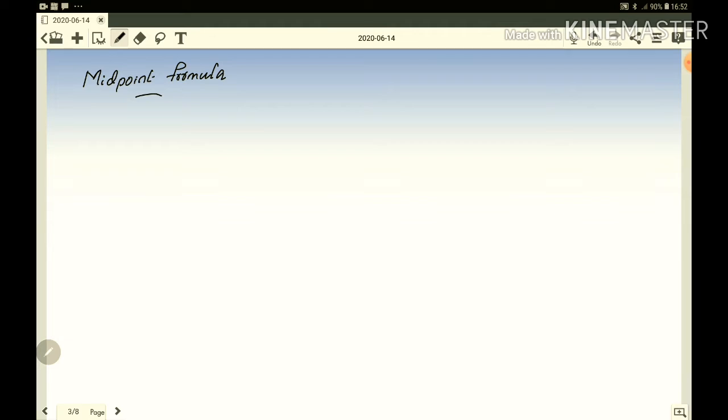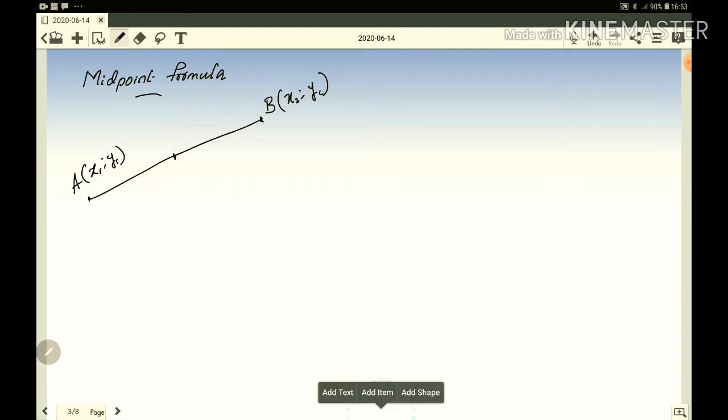See the points A and B. A's value is x1, y1, then B's coordinates are x2, y2. Then we are finding the midpoint of this line segment AB. So the midpoint is the middle point somewhere here. Most of the cases we use the letter M to represent the midpoint.